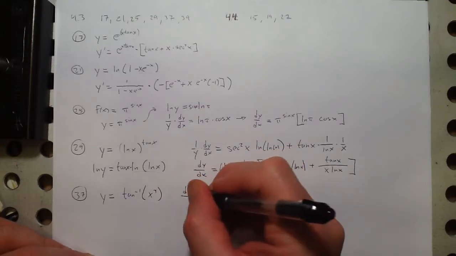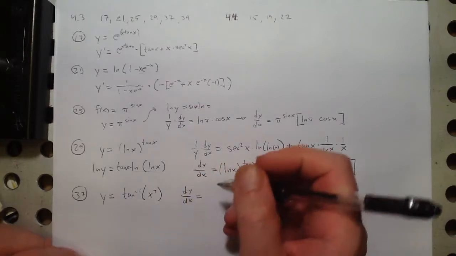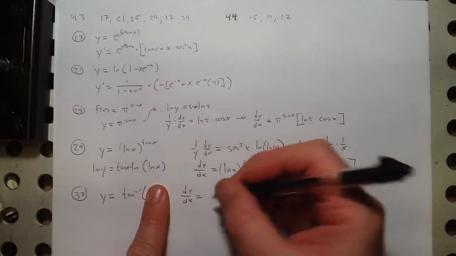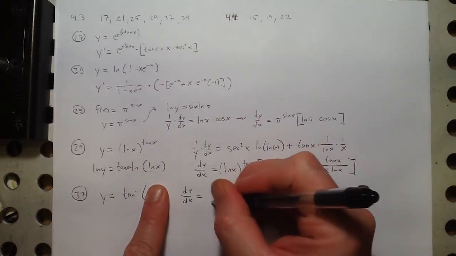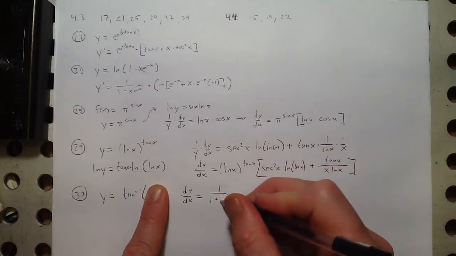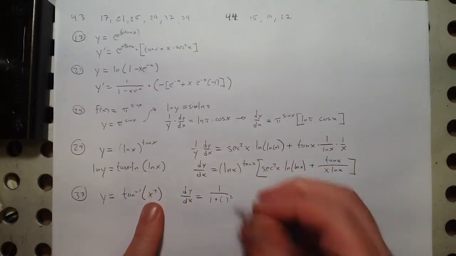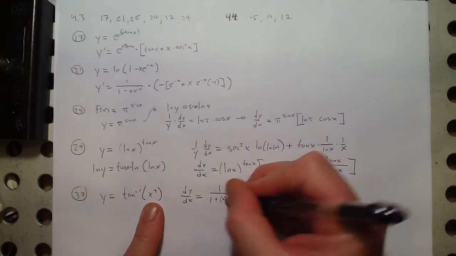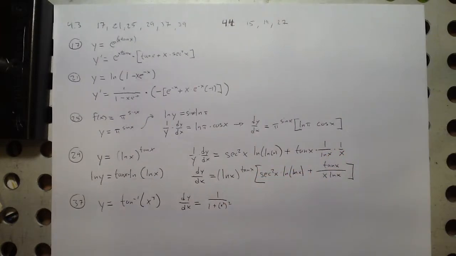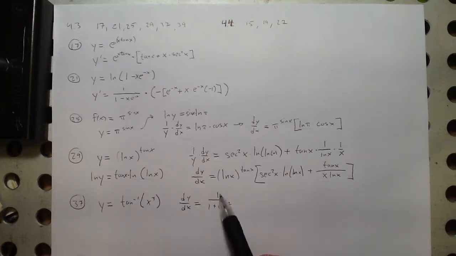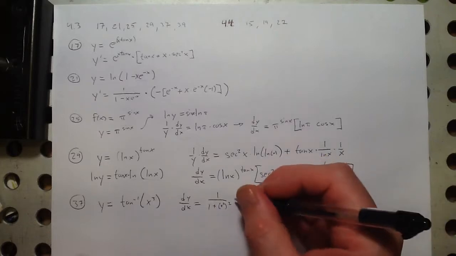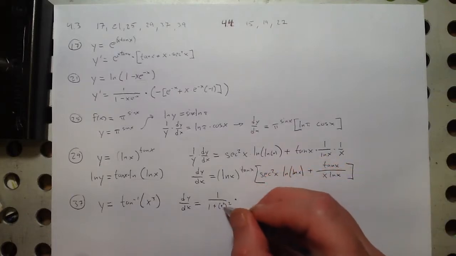So the derivative of the tangent inverse of whatever is 1 over 1 plus whatever squared. And the whatever here is x cubed. So I think one of the common mistakes here is just putting an x there. It's not just an x here, it's whatever's in here, right? So it's 1 over 1 plus whatever squared, so x cubed squared.